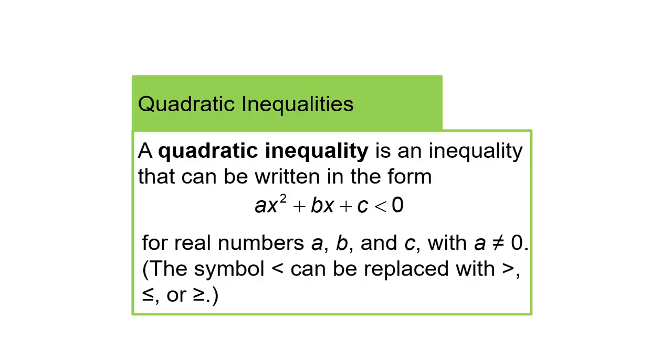Now let's look at quadratic inequalities. A quadratic inequality is an inequality that can be written in the form ax squared plus bx plus c is less than 0 for real numbers a, b, and c, with the leading coefficient a not being equal to 0. The symbol less than can be replaced with greater than, less than or equal, or greater than or equal.